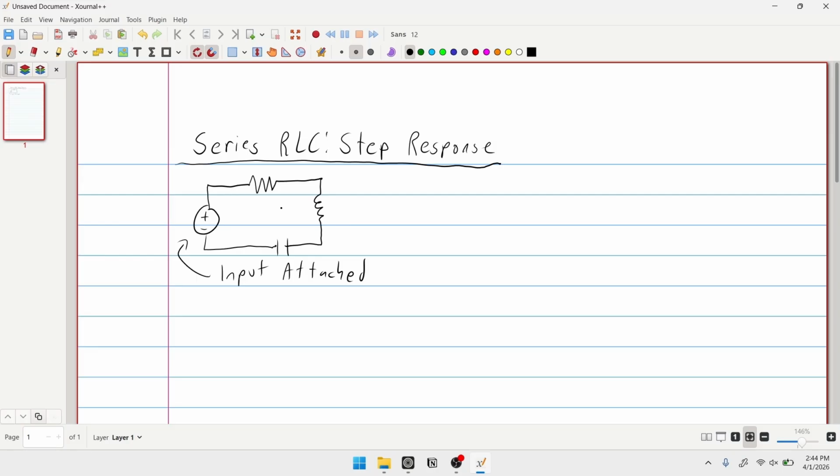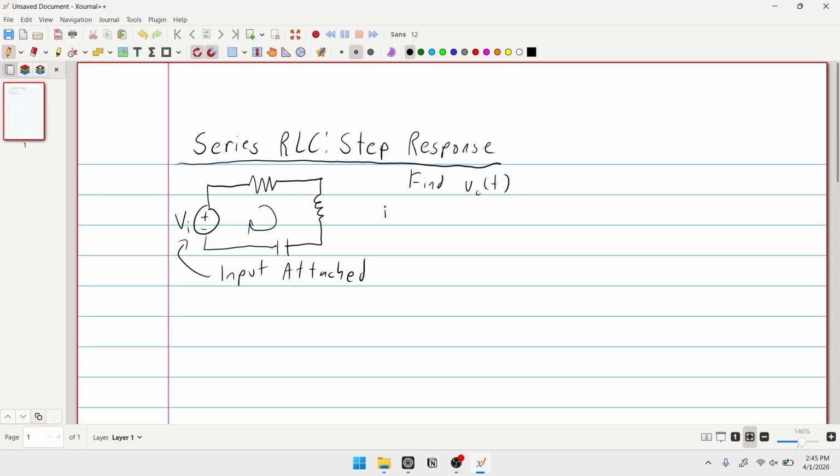So typically, when solving these problems, we're going to have to find the voltage across the capacitor. We're going to start with the KVL. We're going to call this voltage Vi.